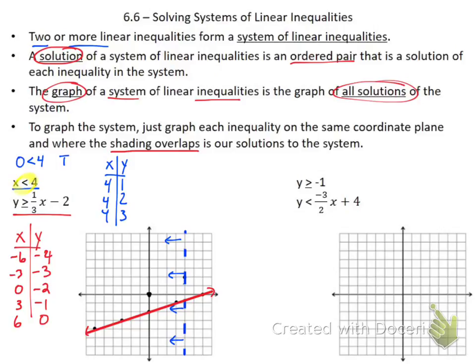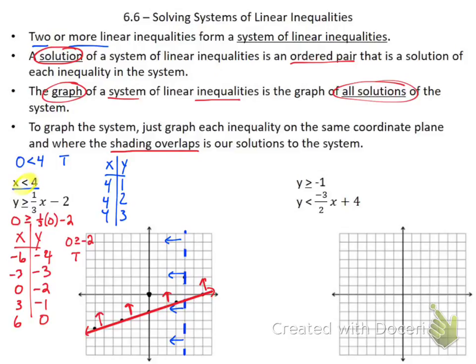So when I plug in a 0 for x and a 0 for y, I get 0 is greater than or equal to 1/3 times 0 minus 2. So I get 0 is greater than or equal to negative 2. This is true. And so with this one, I'm going to shade towards my test point, so again I'm going to do arrows towards my test point.